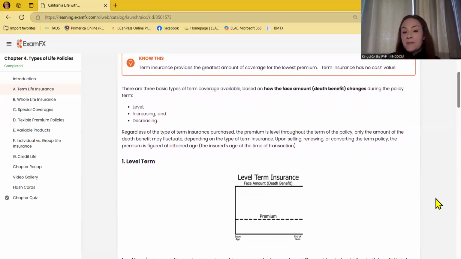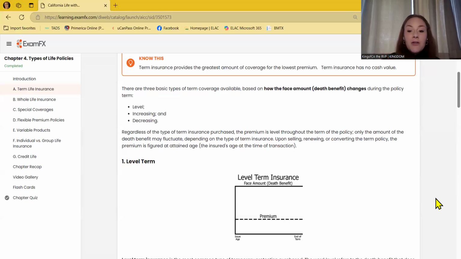These three basic types of term coverage available, right, are based on how the face amount, the death benefit changes. Okay, so when we hear level, right, with these term policies, we are not talking about the premium. Okay, I need you to be super clear on that because you will get questions on your test that try to trip you up about it.